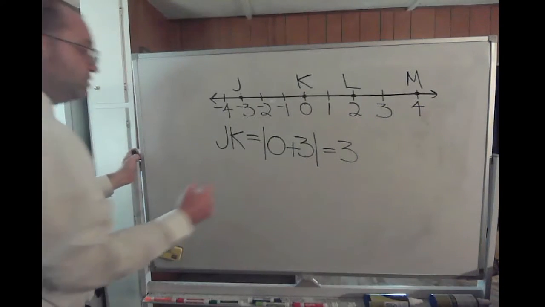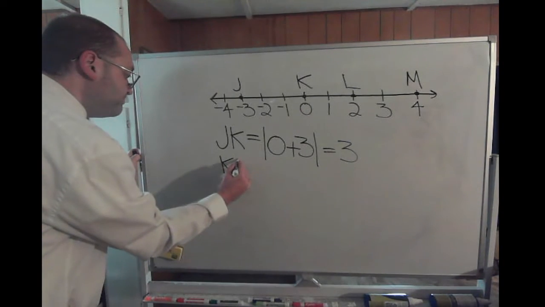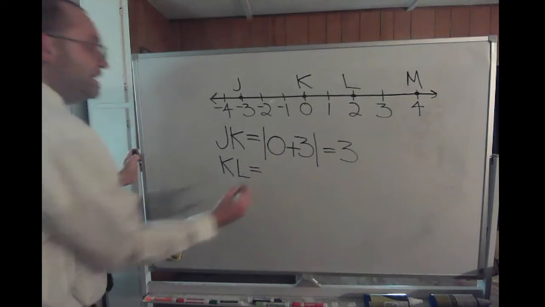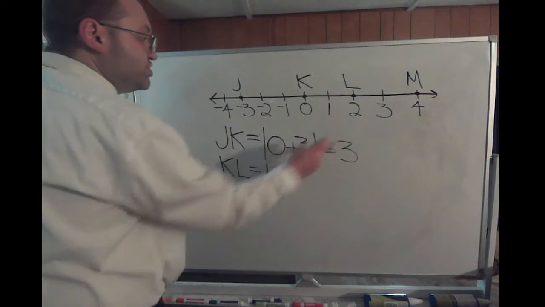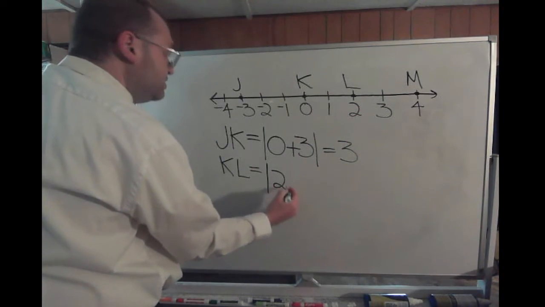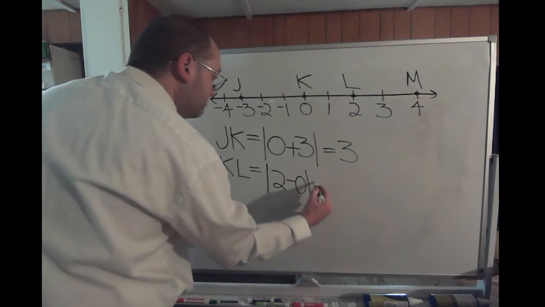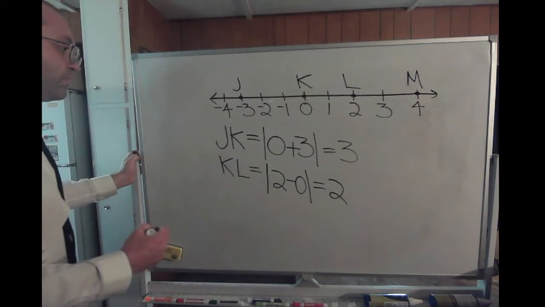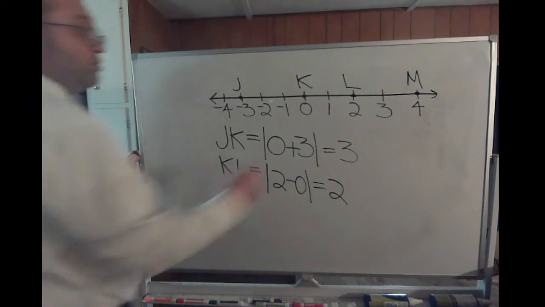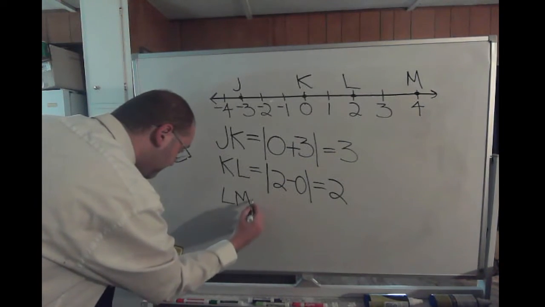Let's do these all. What if I did KL? Okay, so I'll take the absolute value of the second coordinate, which is L. I'll take 2 minus K, which is 0, which would give me the absolute value of 2, which is nothing more than 2. Alright, then what if I wanted to find LM? Well, I can also do that.